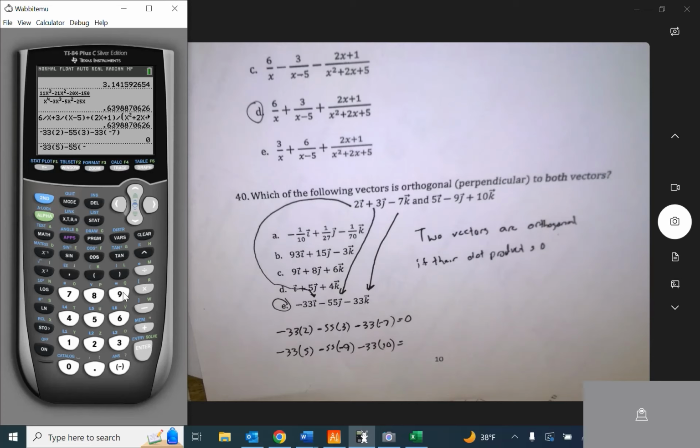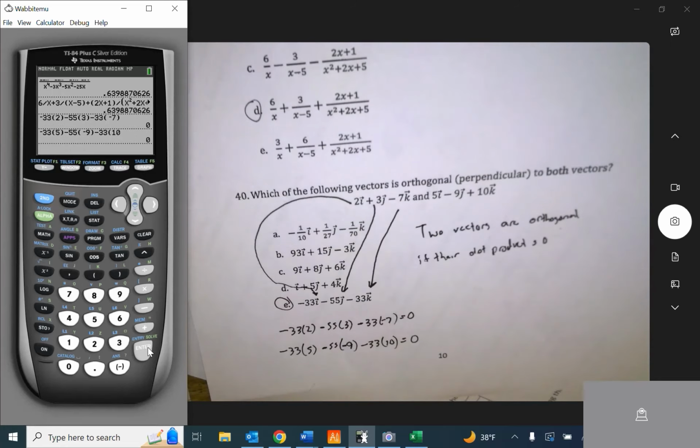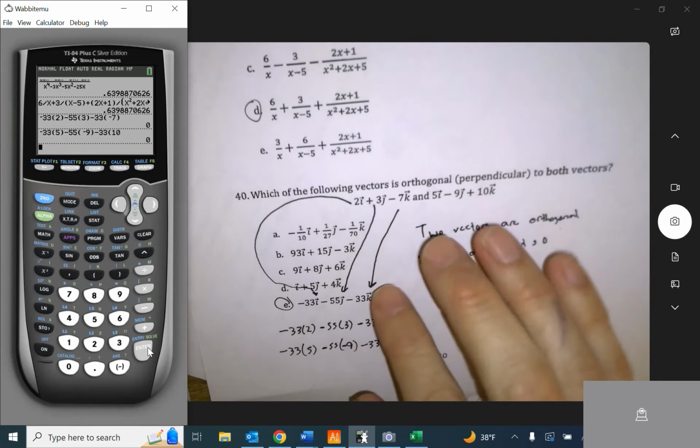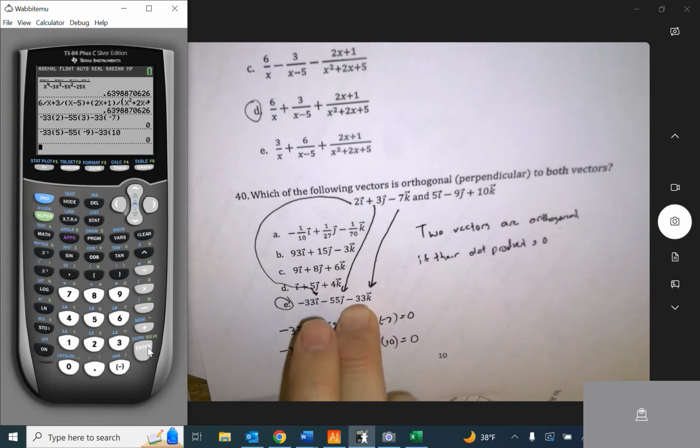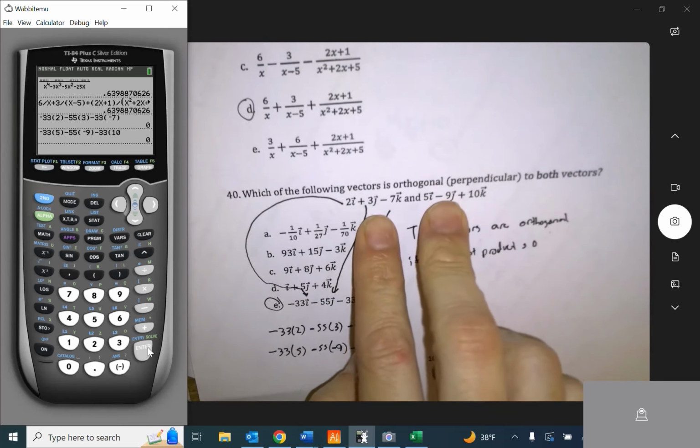And vectors are not necessarily difficult. There we go. 0. So this vector is orthogonal with these two vectors.